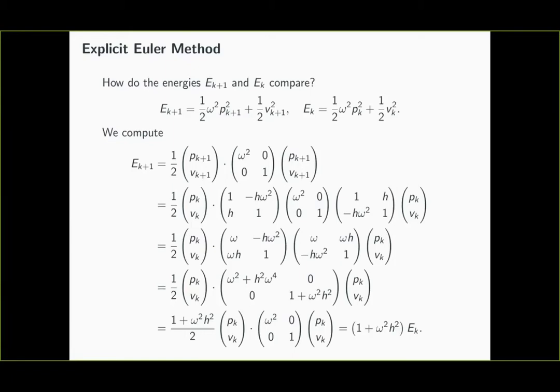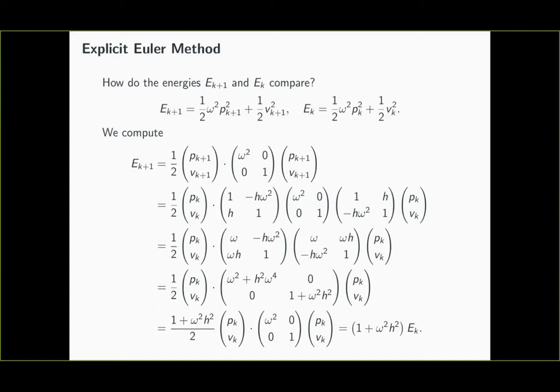And the next step is just to compute this expression here. The way we do that is we compute this matrix product of three matrices in the middle, and that will show us that we get a multiple of the energy at time t_k. Okay, so using some straightforward matrix products, I arrive at the formula 1/2 times (p_k, v_k) scalar product with the following matrix vector product.